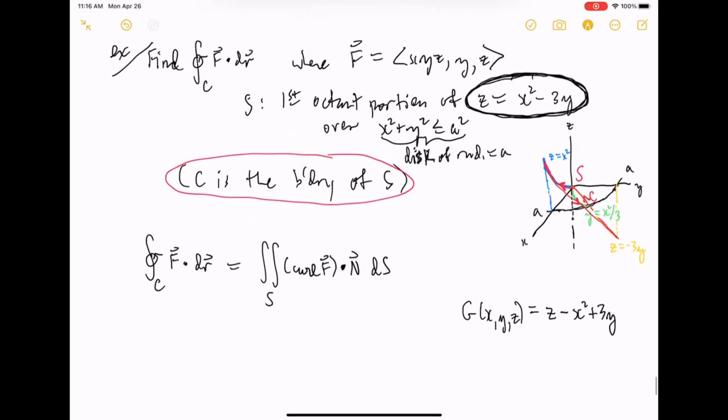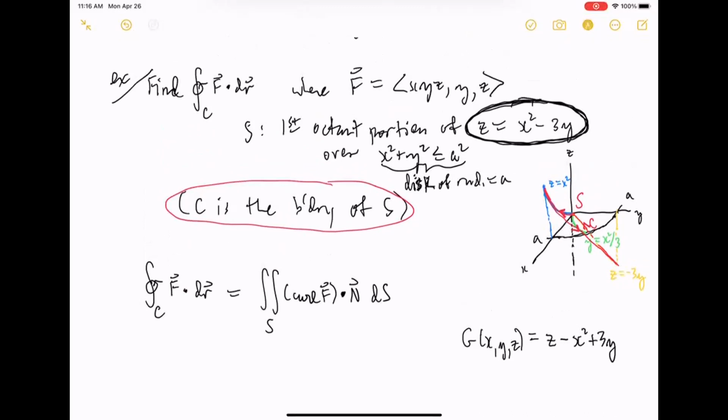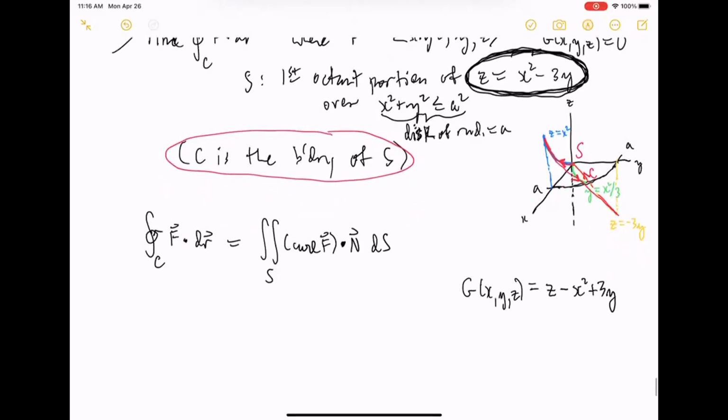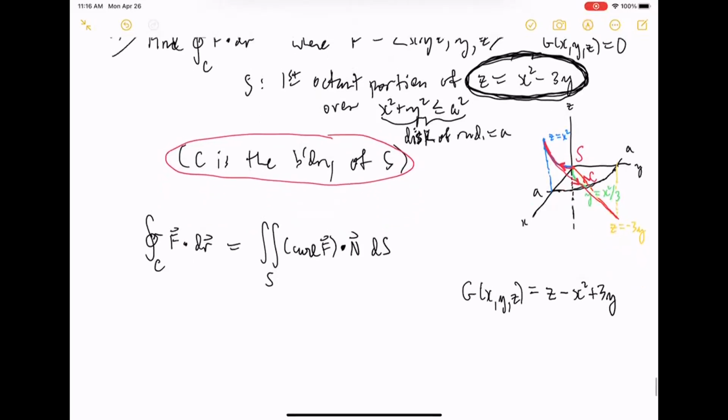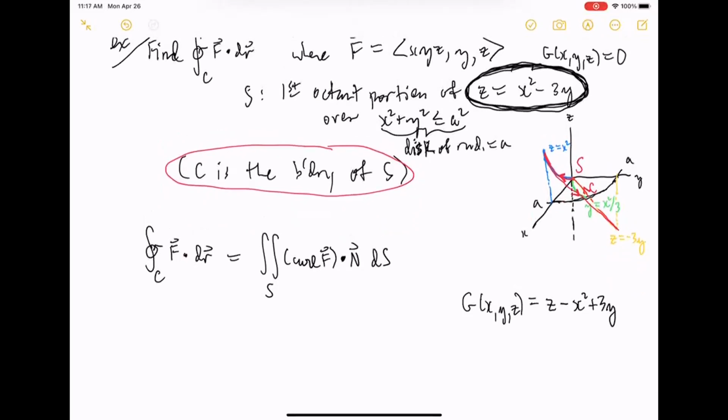We realized that this surface up here is really just a level surface, G of x, y, z equal to 0. And therefore, what will be perpendicular to that? Since this surface is the level surface of this function we just wrote down, what will be perpendicular to that? The gradient.